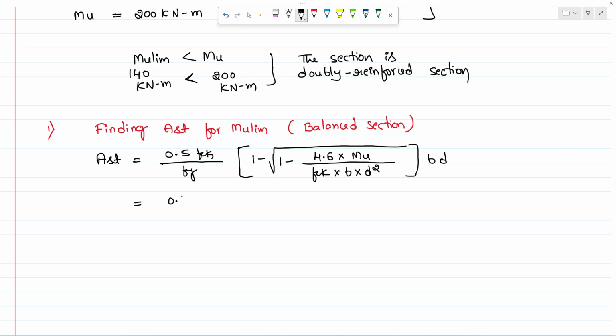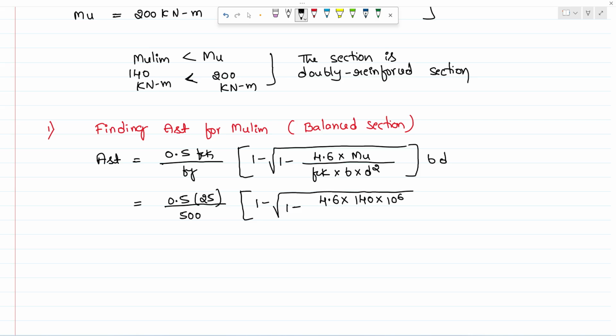So 0.5 fck, it is 25, fy 500, into 1 minus square root of 1 minus 4.6 into Mu, which will be 140 into 10 power 6.